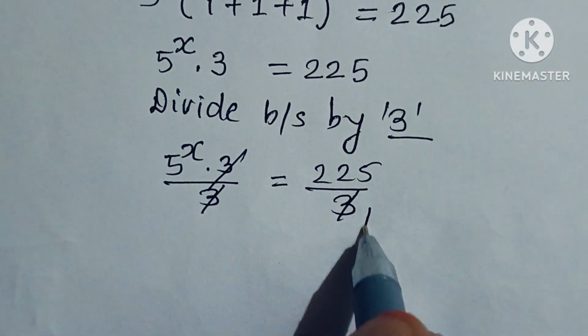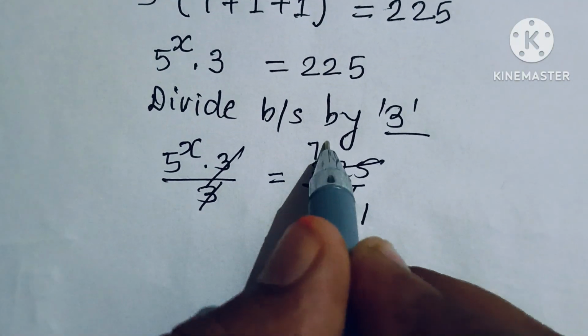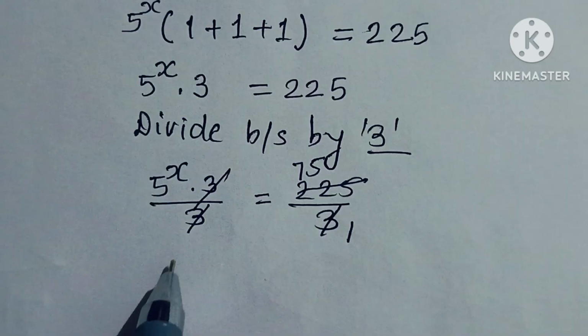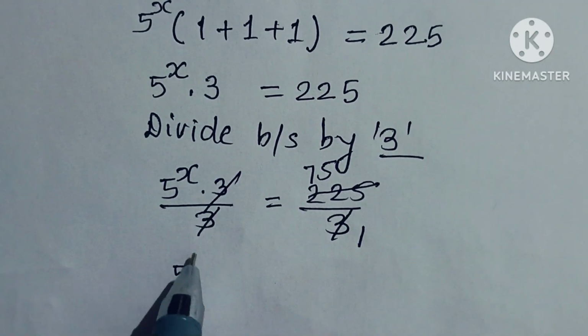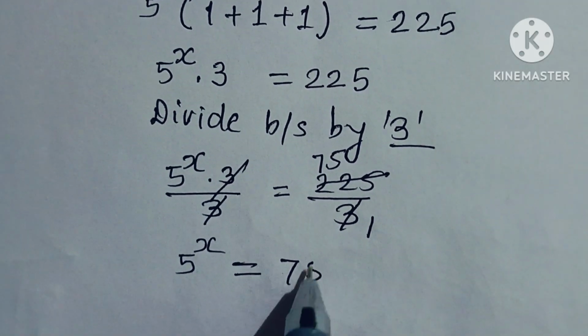Here 3 1s are 3, 3 7s are 21, 3 5s are 15. 5 raised to power x equal to 75.